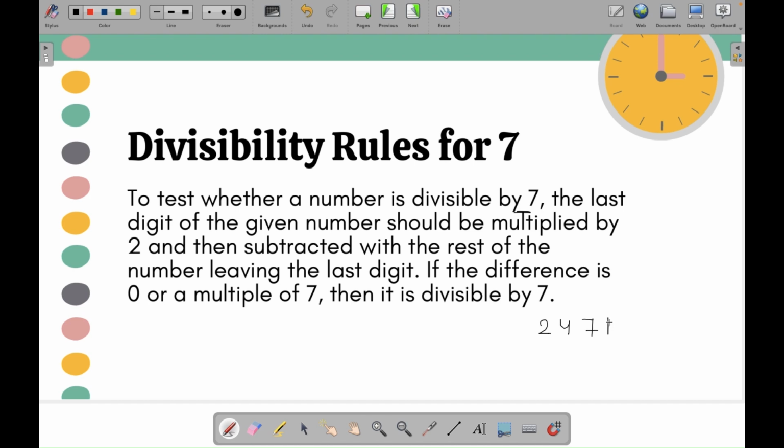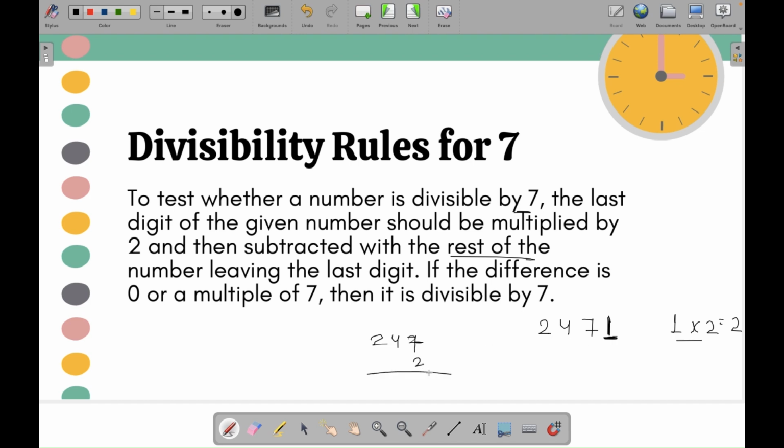First of all, take the unit digit and multiply it by 2. So we get 2, right? And then we subtract this 2 from the rest of the number, leaving the last digit. So we leave the last digit and subtract 2 from 247.